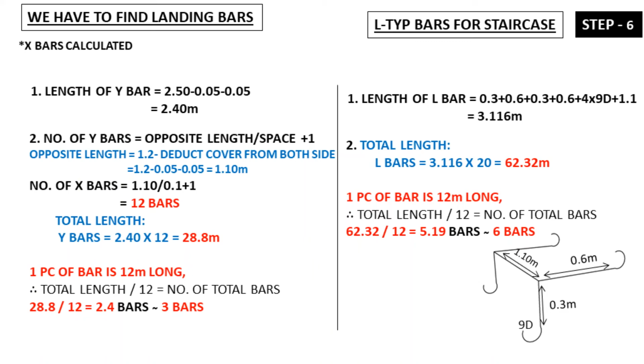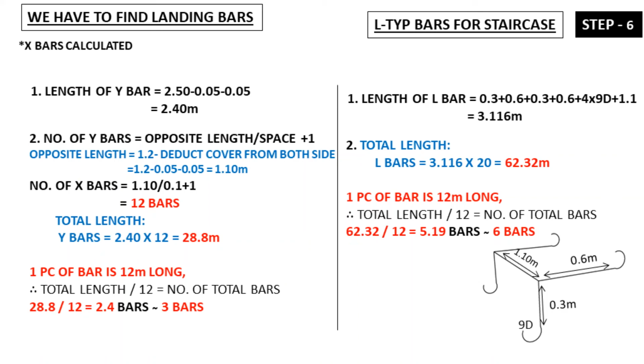After this, we need to find the L-type bar for the staircase. So first we have to find the length of the L bar from the given figure. You can relate the numbers I have taken: 0.3 plus 0.6 plus 0.3 plus 0.6 plus 4 times 9D plus 1.1, and we will get 3.116 meter.